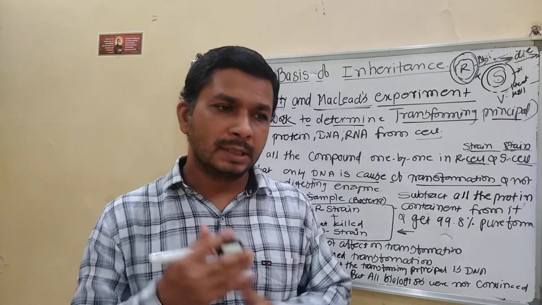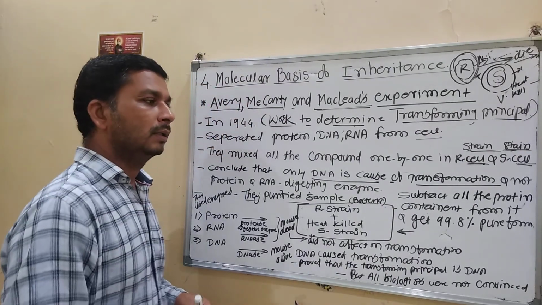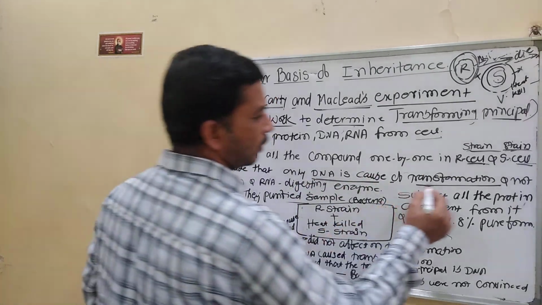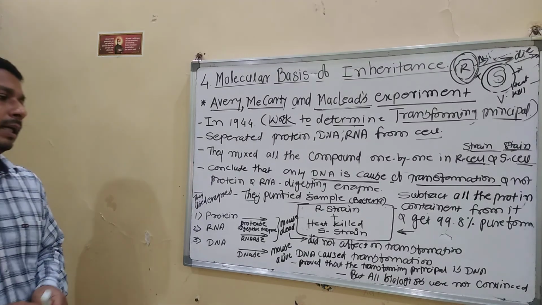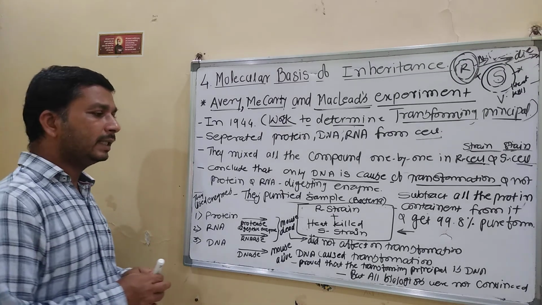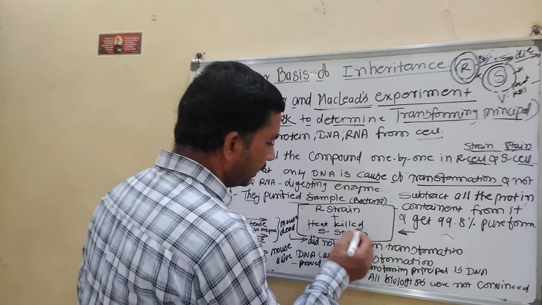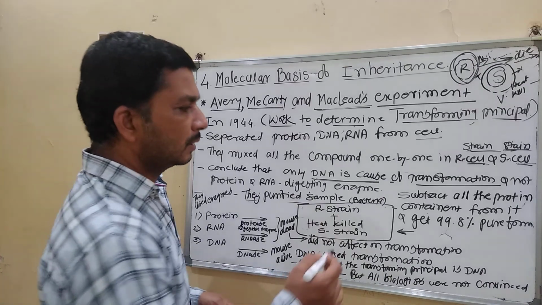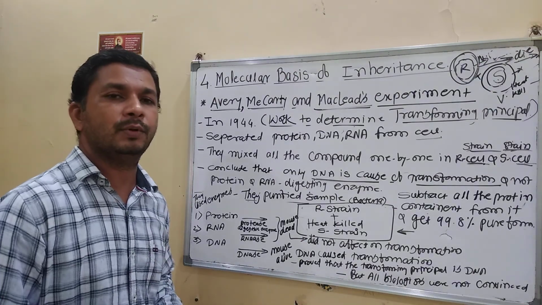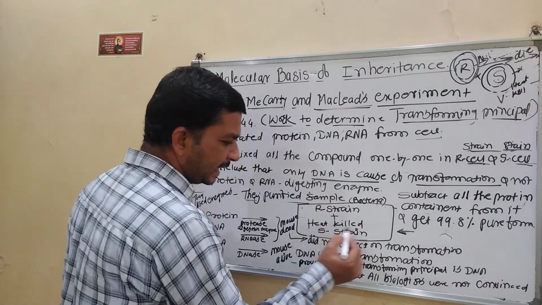But after certain experimentation on the transforming principle, scientists concluded that DNA is causing the transformation. What did Avery, McCarty and MacLeod do? They worked on the R strain and heat killed S strain, subtracted all the protein from it and got 99.8% pure form.